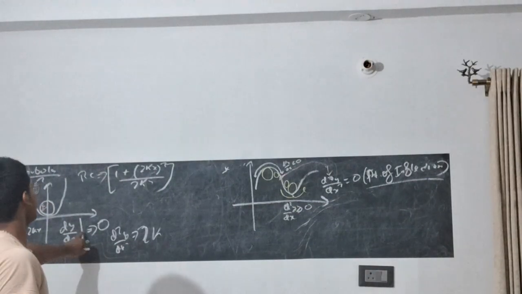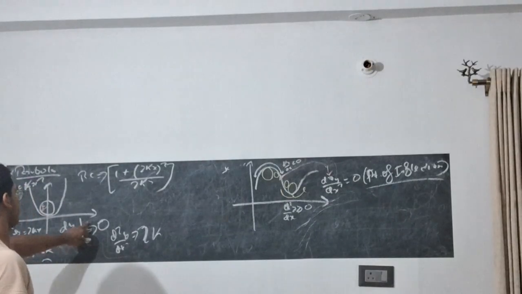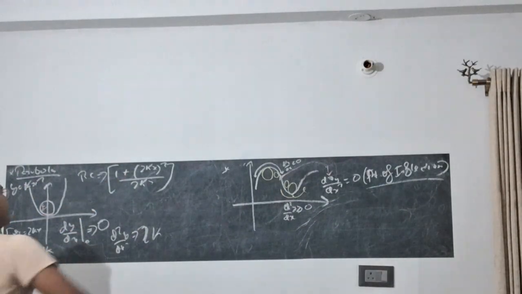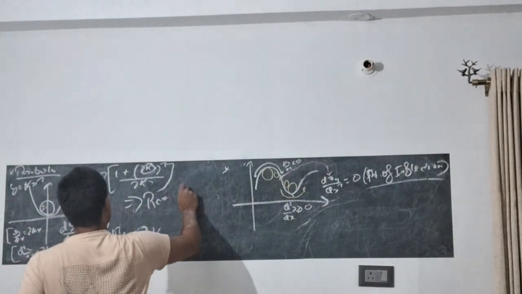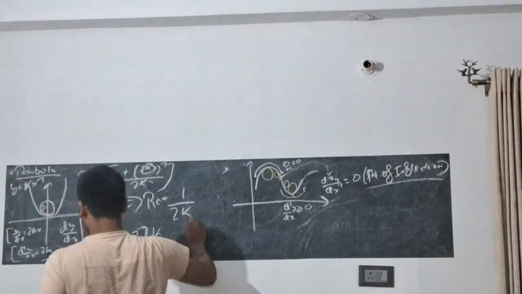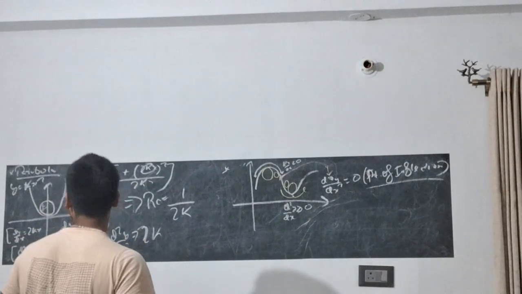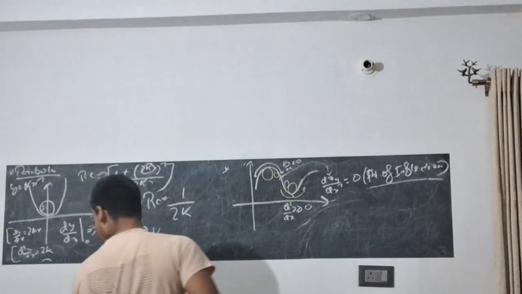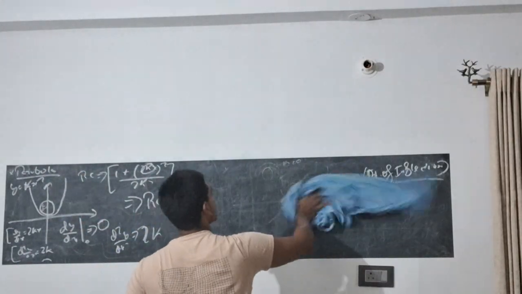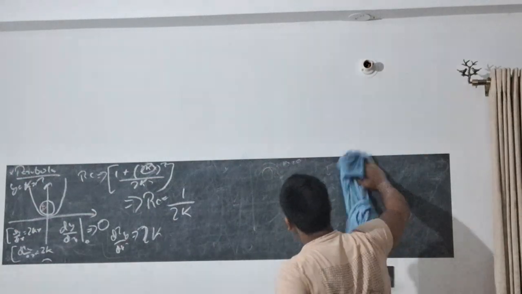So the value of dy/dx at the origin would be placed there. So this would be 0. So RC would turn out to be 1 by 2k. That's all for the parabola.